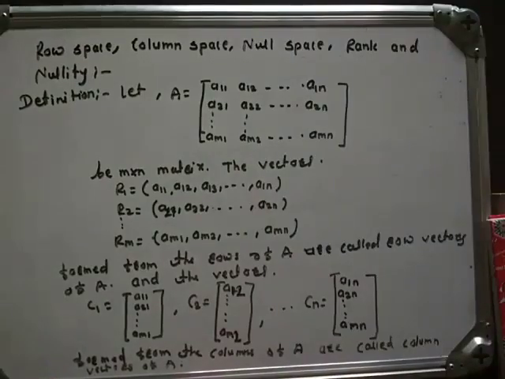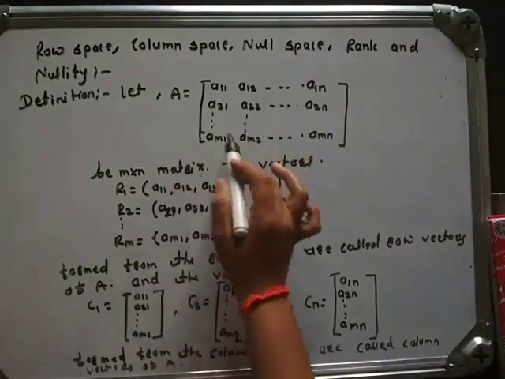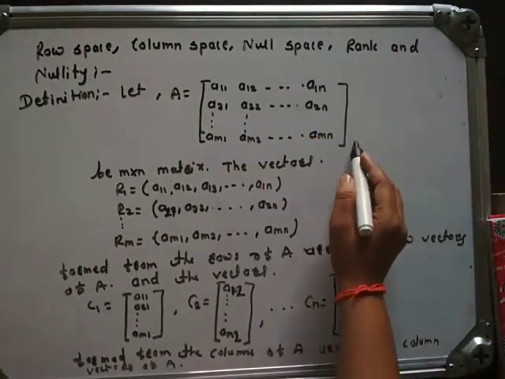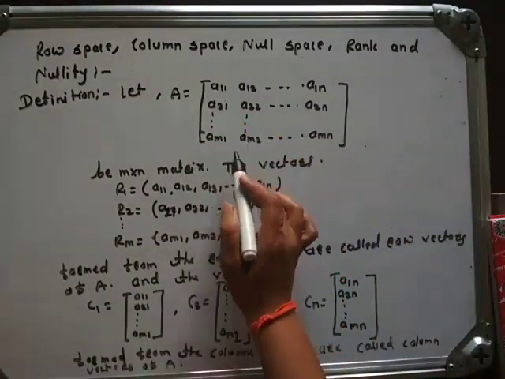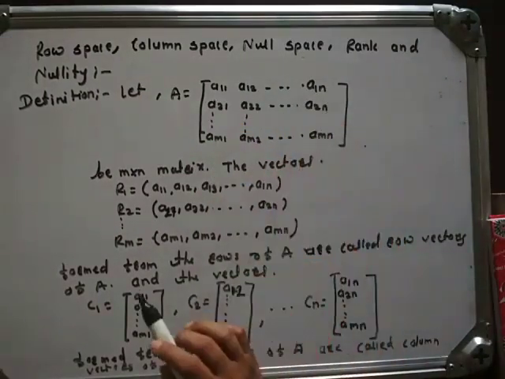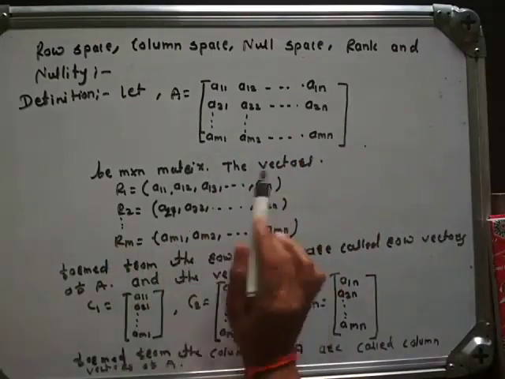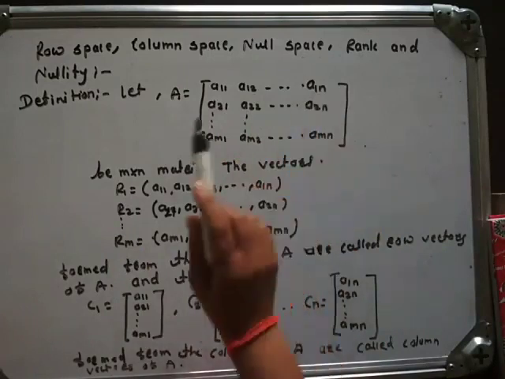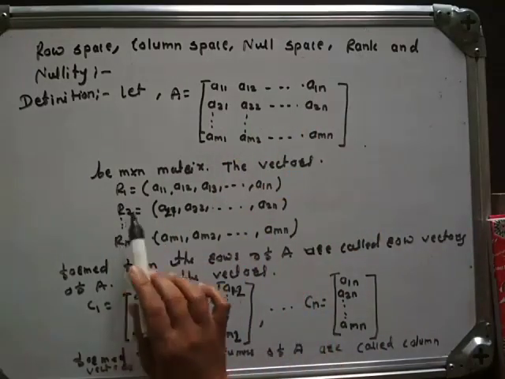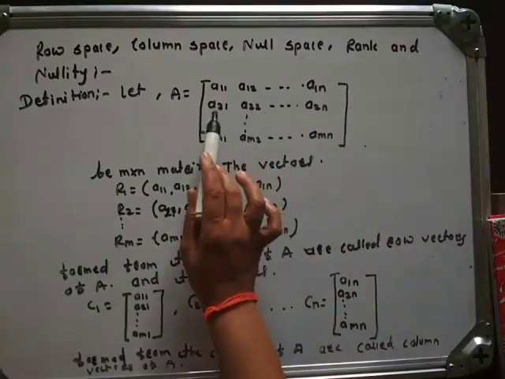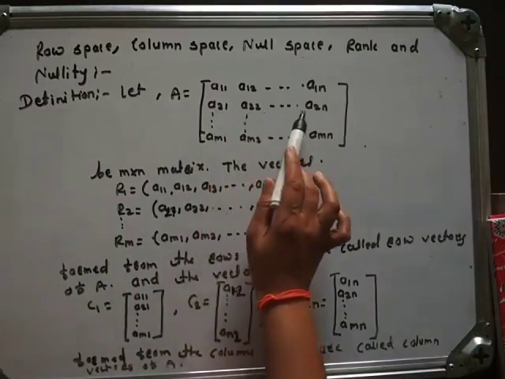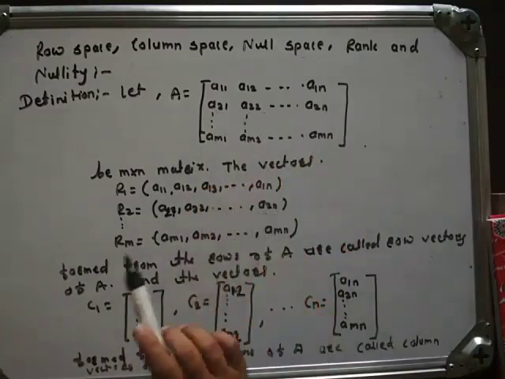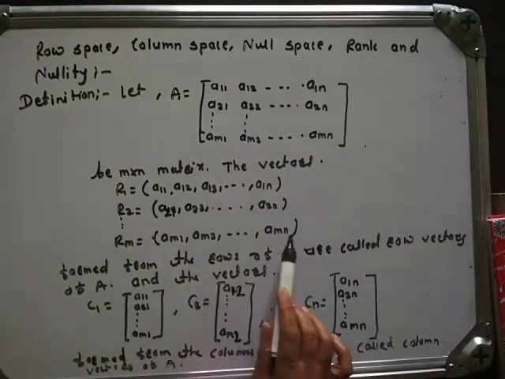See here, students, we have been given this matrix A. It is of order m by n, meaning it contains m rows and n columns. The vector R1 is A11, A12 and so on up to A1n. R2 is the second row, A21, A22 and so on up to A2n, and the last is the mth row.